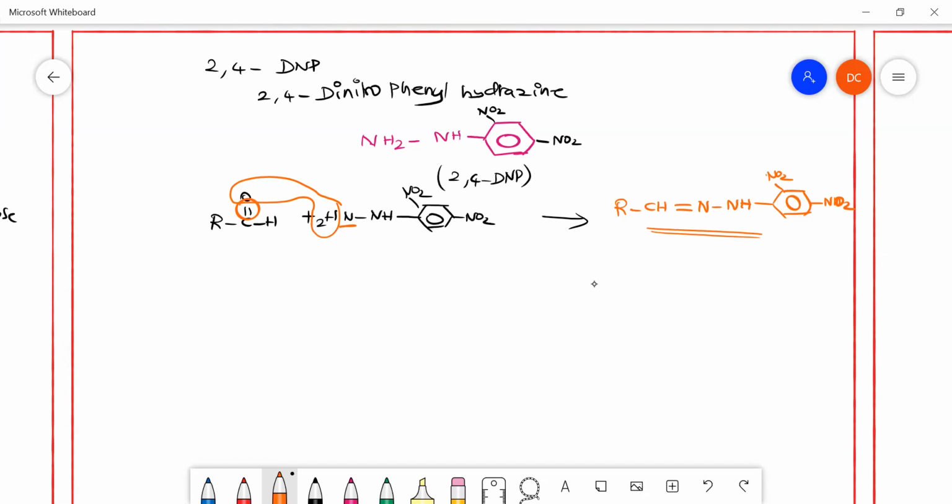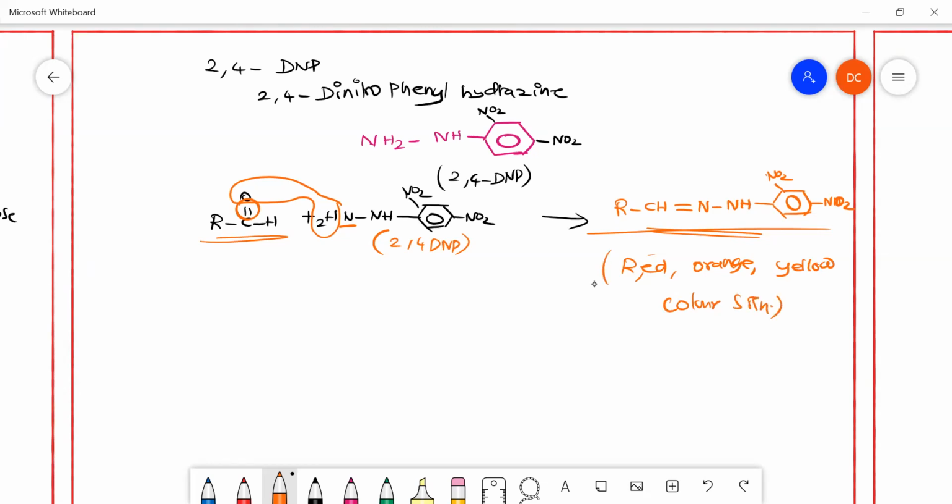If an aldehyde is there in a molecule and it reacts with 2,4 DNP, that shows a positive test of 2,4 dinitrophenylhydrazone. It may form a red, orange or yellow colored solution.